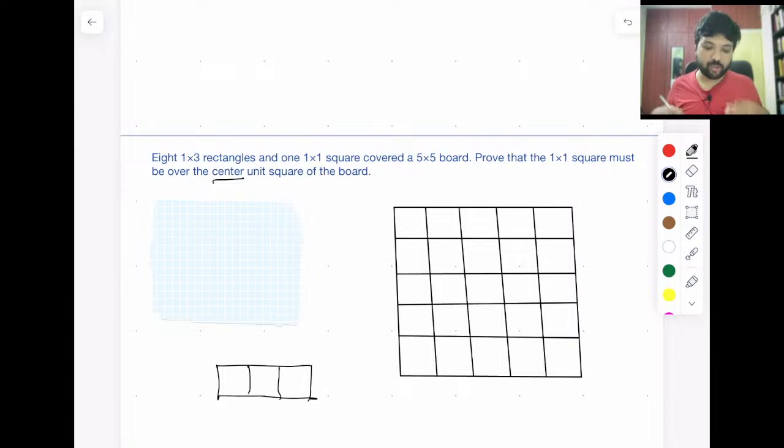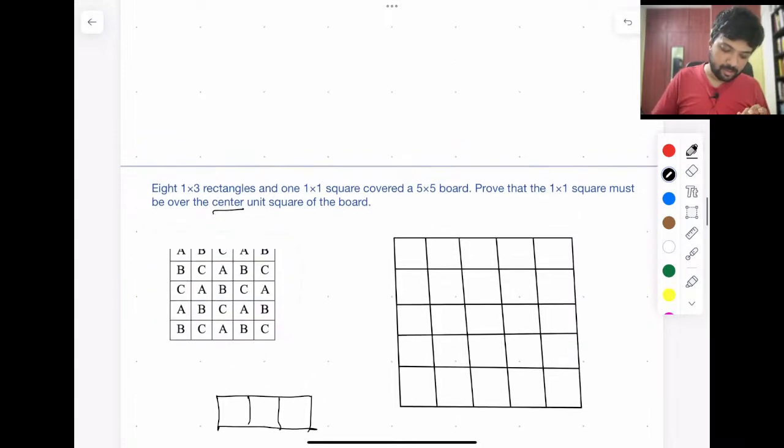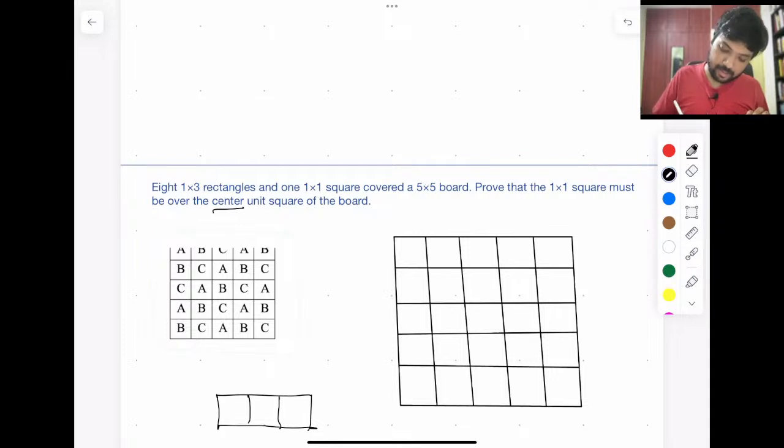Right. So I want to show you guys the technique so that you learn it. So here is the technique. Again, let's label it like this. Let's label this A, B, C or 1, 2, 3. Since we called it 1, 2 earlier, let's call it 1, 2, 3. 1, 2, 3, 1, 2, 1, 2, 3, 1, 2, 3, 1, 2, 3, 1.